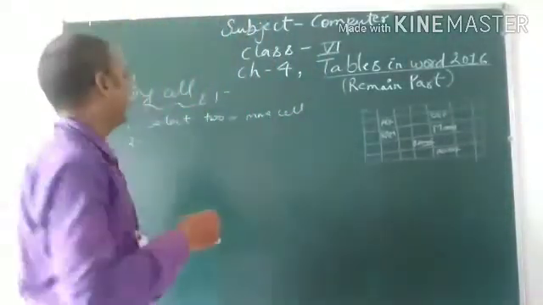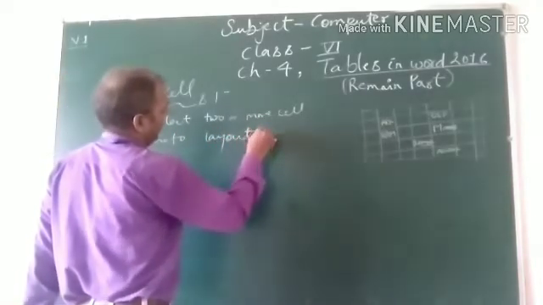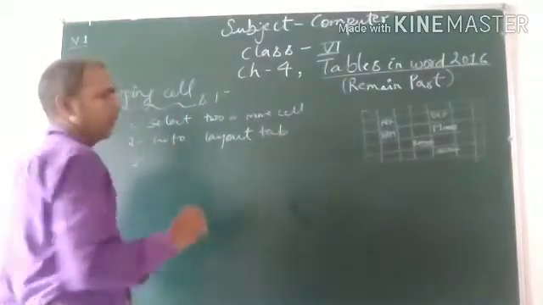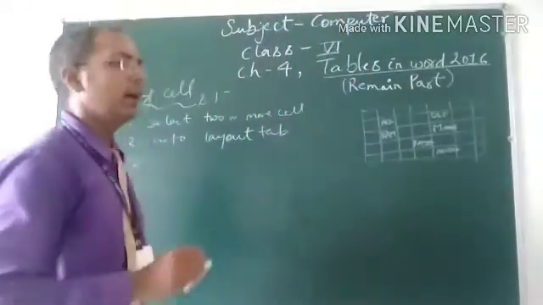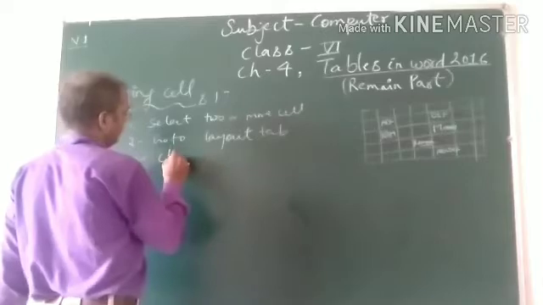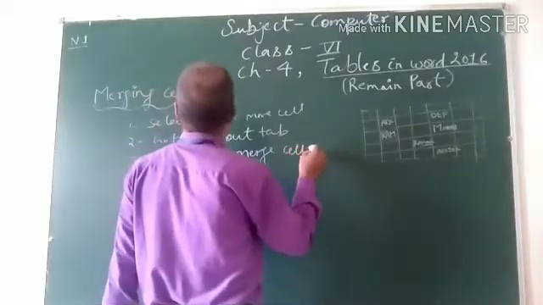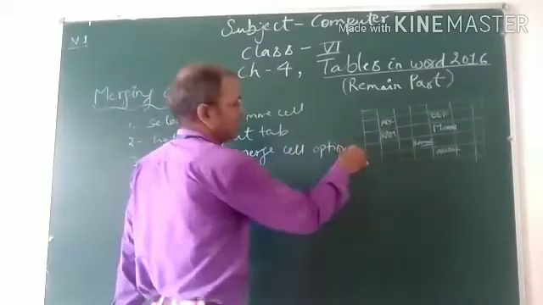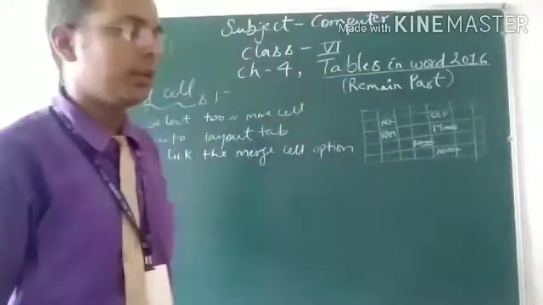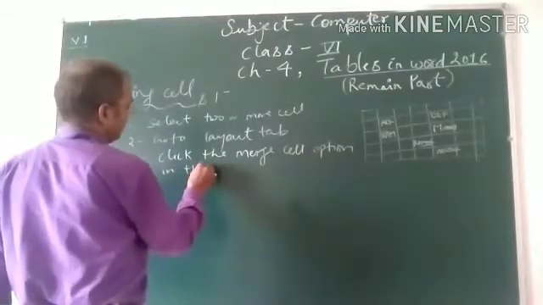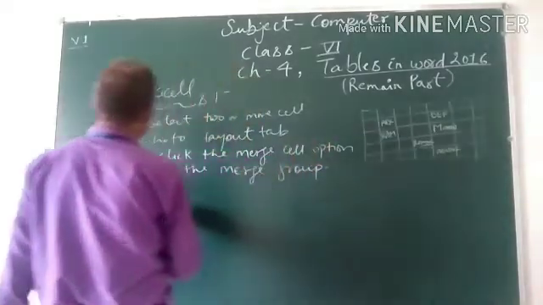Then go to the layout tab. Second, go to the layout tab and then click the merge cell option in the merge group.